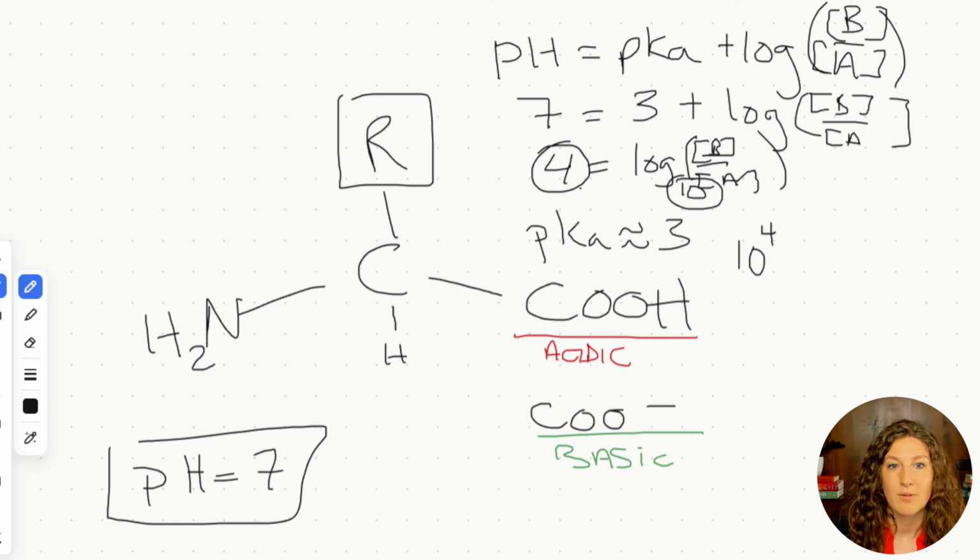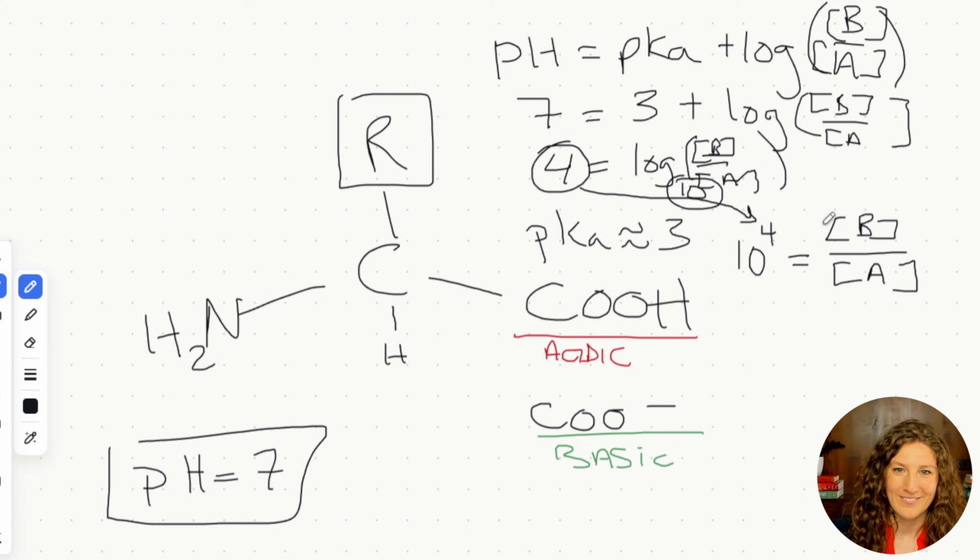We bring the number on the opposite side of the equation up on top of the exponent. So the log base 10 of base over acid equals 4. That means that whatever's in the parentheses, base over acid, is equal to 10 to the 4.